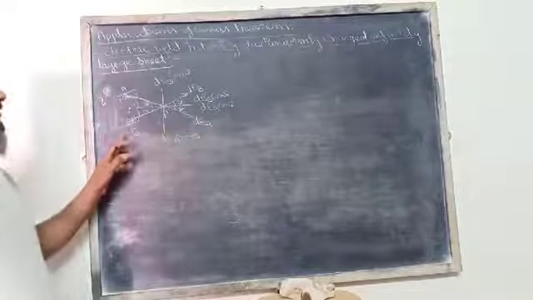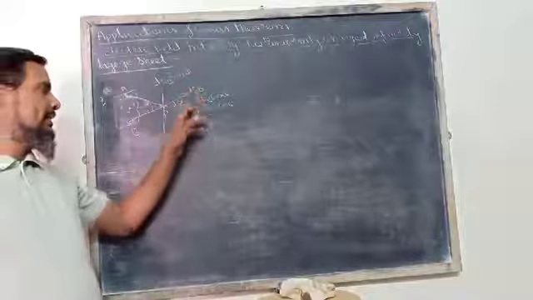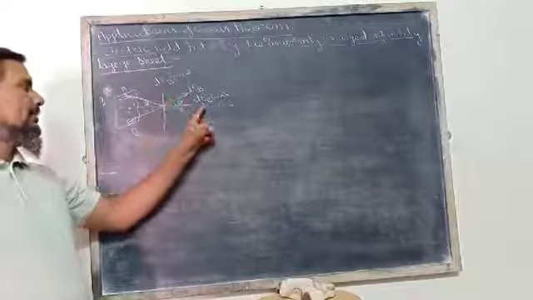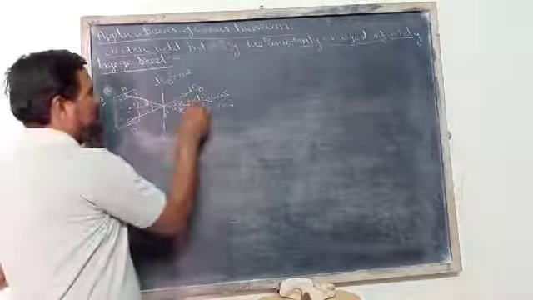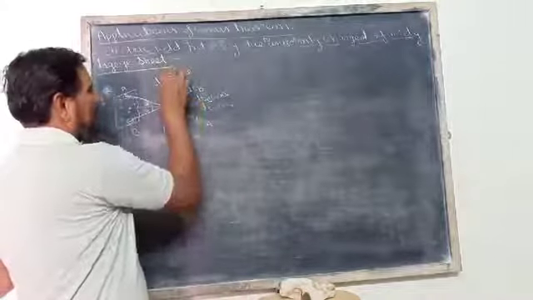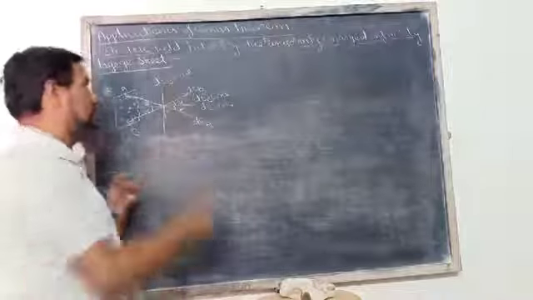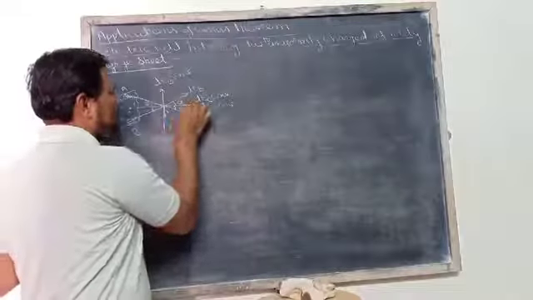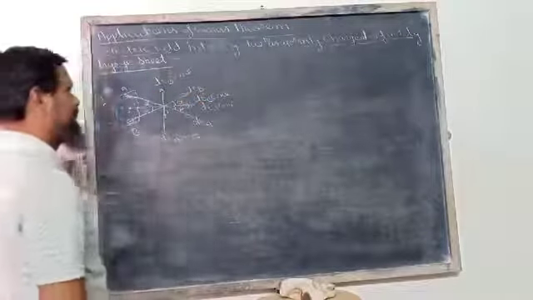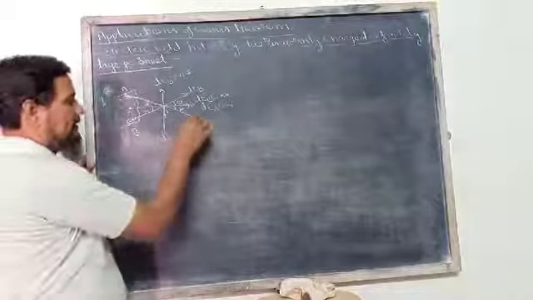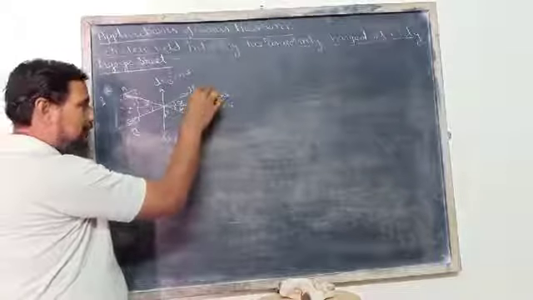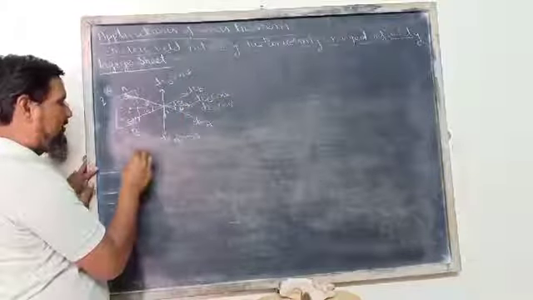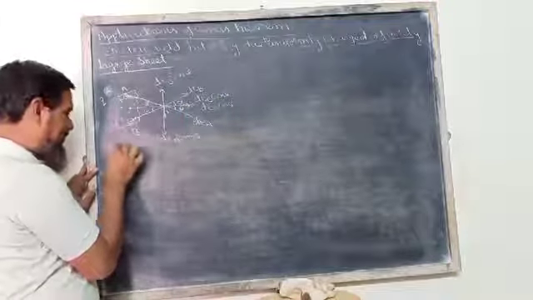After resolving, their cos components are along the same direction, and their sine components are equal in magnitude and opposite in direction, so they cancel out. Only the cos components decide the direction of the electric field intensity.